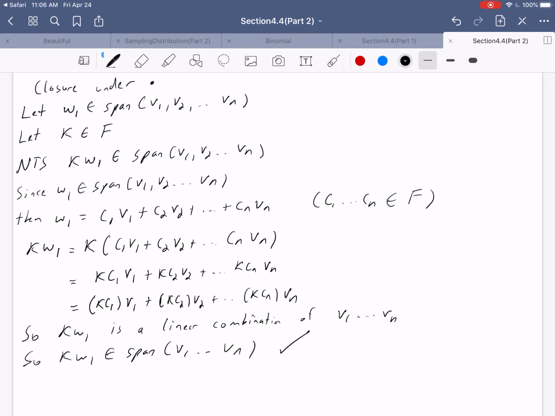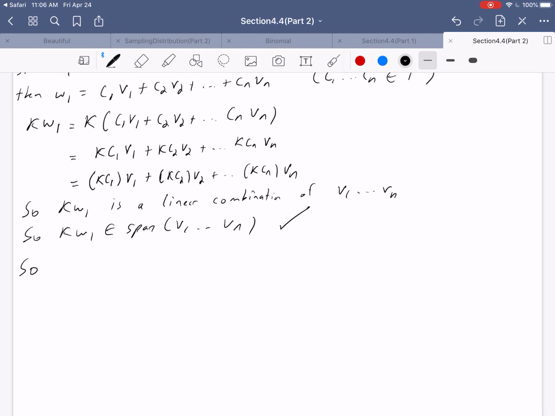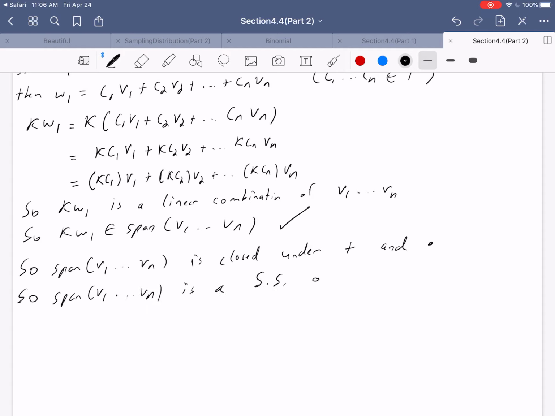Check. So what does that tell us? So span V1 through Vn is closed under addition and multiplication. So span V1 through Vn is a subspace of V. So when we talk about the span of a set of vectors, it's not just the set of all the linear combinations, it is actually a subspace.